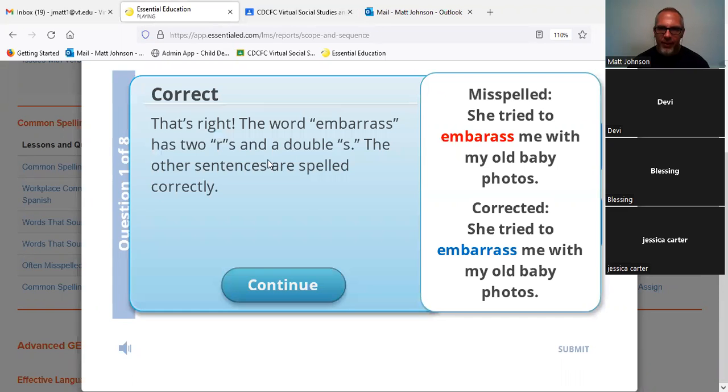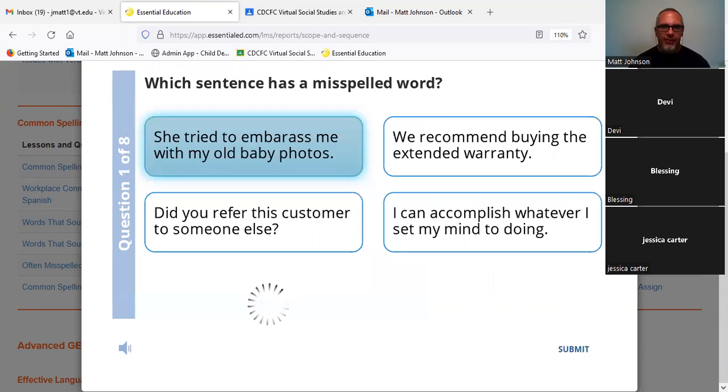Should be 2 R's and 2 S's. So that is one for me that I sometimes have trouble with. So embarrass. Yep, embarrass.